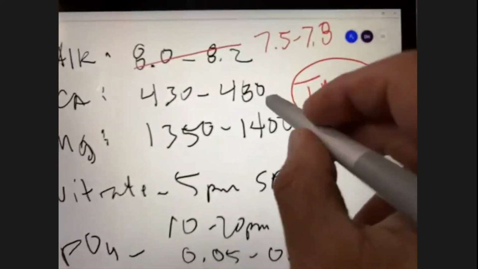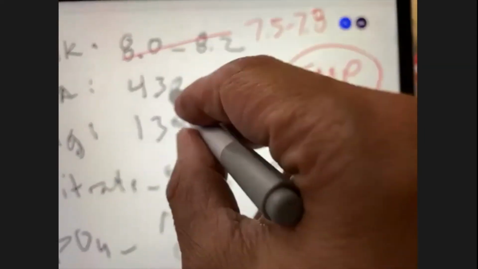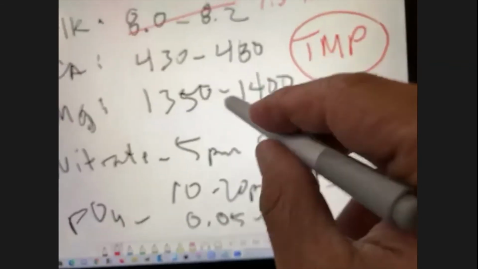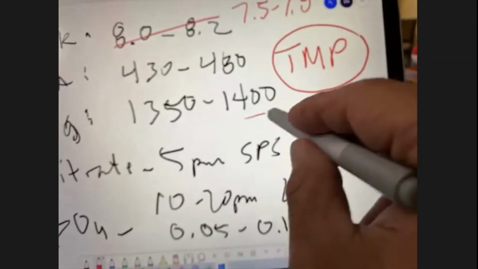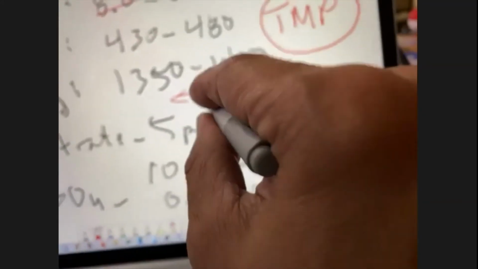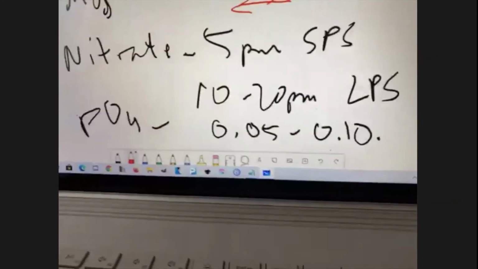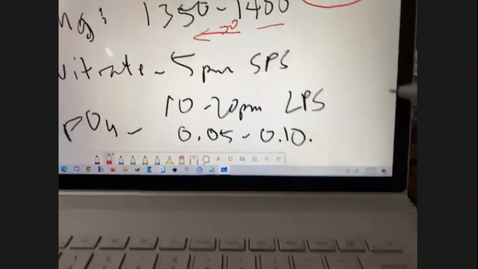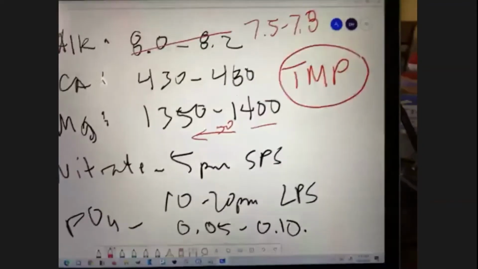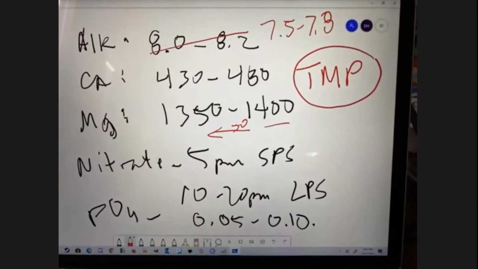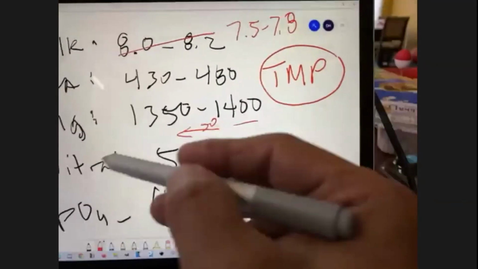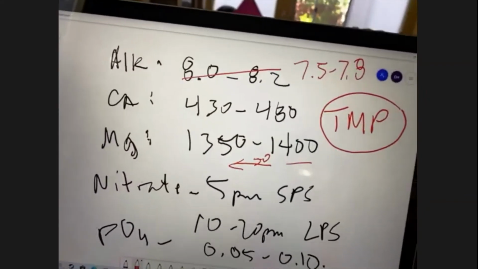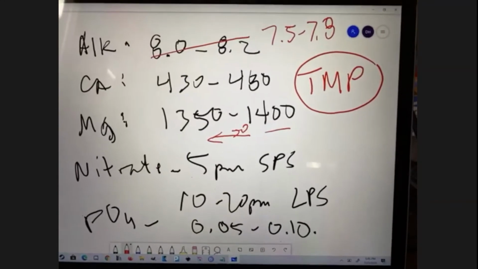That will also reduce my calcium to maybe 430, and my mag, if it's at 14, will go down about 50. It'll reduce my nitrate and phosphate by a little bit less than half, because I'm doing about half my water change. So the water change is good because for me it lowers everything, but then my doser will bring it back up.